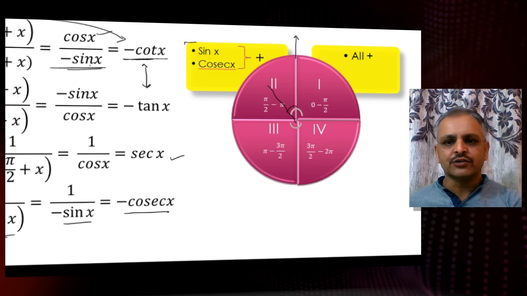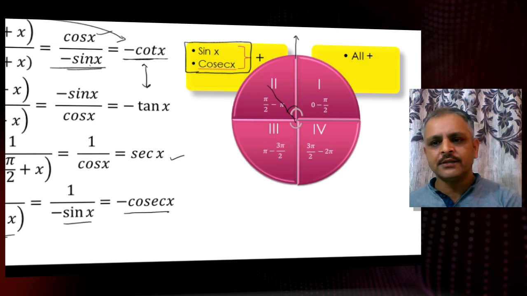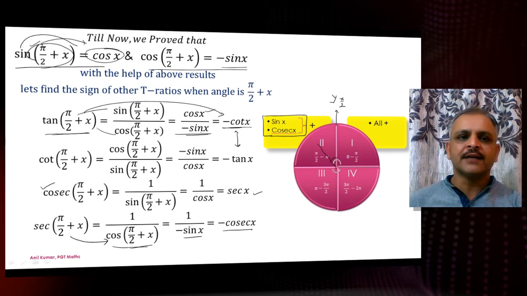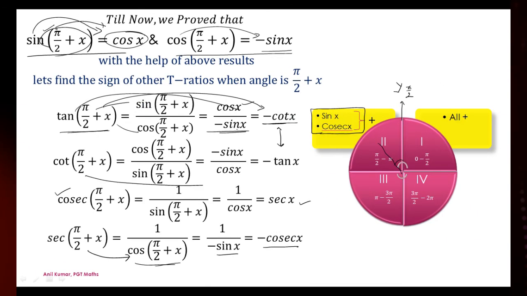So sine and cosecant, these two t ratios will have positive answers. Second thing, as we discussed in the previous slides, if we have an odd multiple of pi by 2, that means we are measuring the angle from the y-axis, from pi by 2, then we will apply the cofunction. That's why sine will convert into cos, cos will convert into sine, tan into cot, and cot into tan. Cosecant will convert into secant, and secant will convert into cosecant.